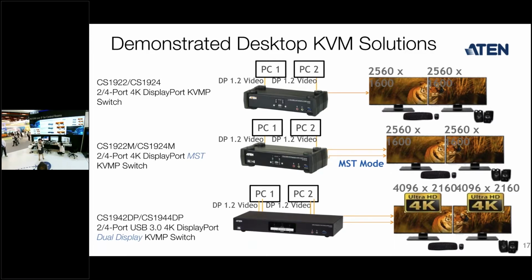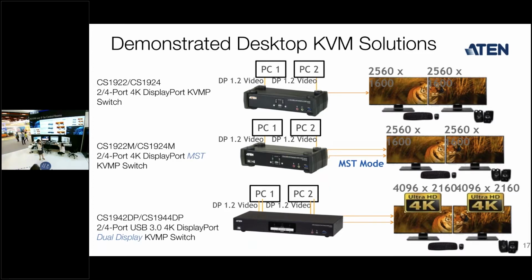sometimes people invest in a new PC but want to use their existing monitors. The monitors may not be fully compatible with DP 1.2, so they cannot use the typical way to connect two monitors. They need to buy an MST hub and connect it between our switch and the monitors.